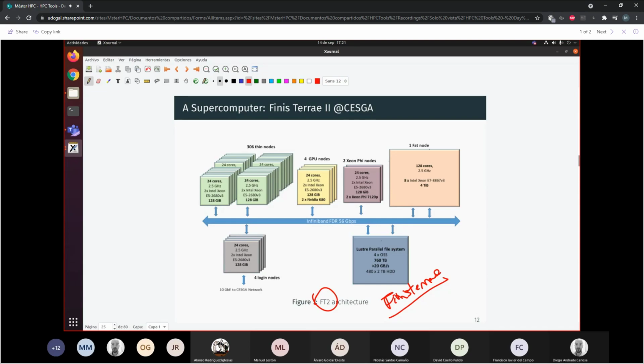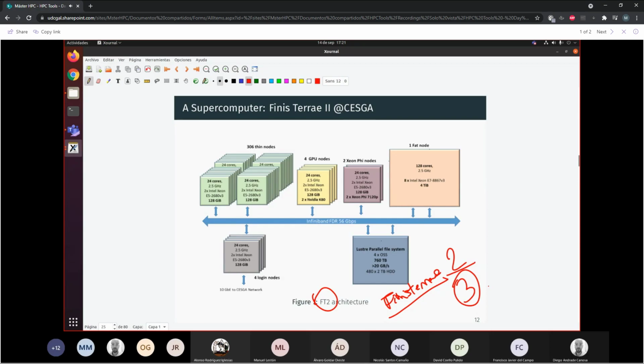Okay? In Finisterrae 2, when you make an SSH connection, you are going to connect to one of the 4 login nodes. Okay? A big mistake that you are going to make is to try to execute things in the front end, in the login nodes.